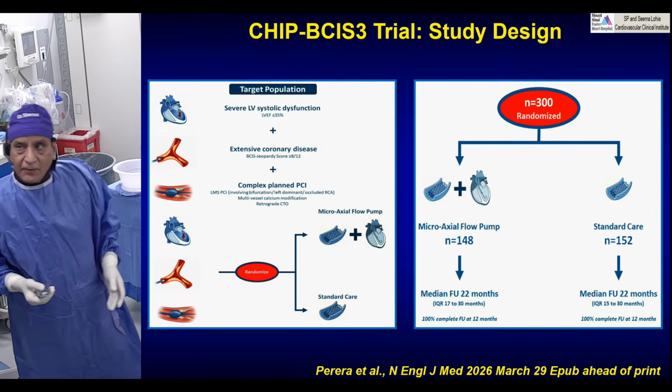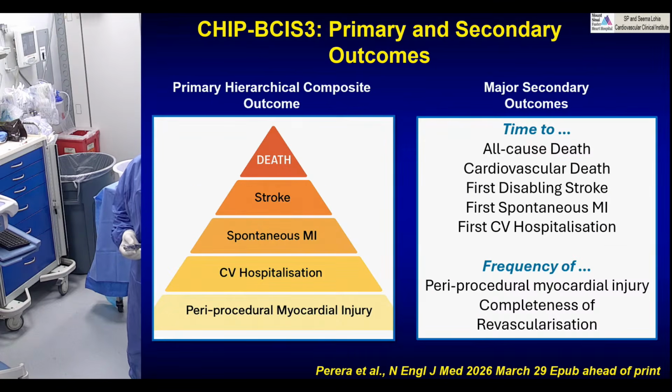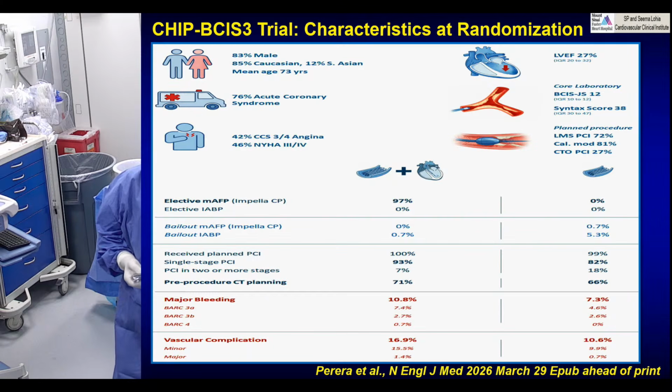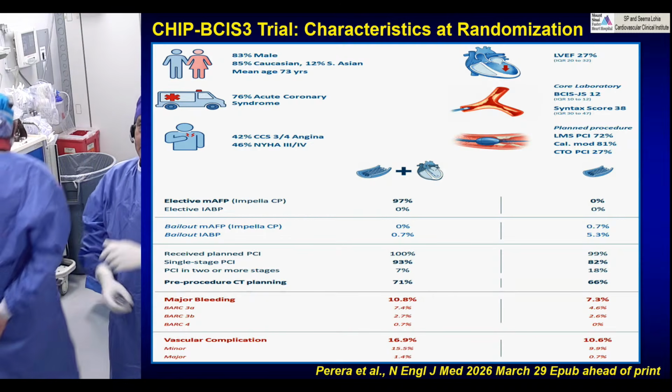And these patients were followed for about 22 months, as you can see here. Now, what did they have? The endpoint included periprocedural myocardial injury, hospitalization, spontaneous MI, stroke, and death, and these are hierarchical endpoints, and they use the definition of wins. So these are the various products in this.